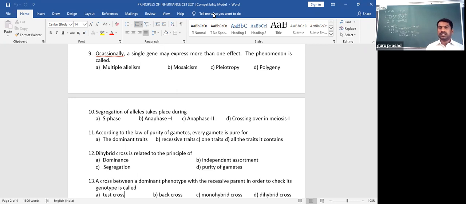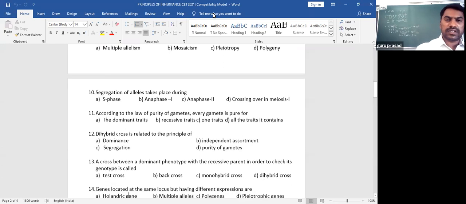Anaphase 1, it is the phase during which the chromosomes separate and move to the opposite poles. Anaphase 2, here also the same thing happens. The segregation of alleles takes place during crossing over in meiosis 1. At that time, only two genes come across each other, then they separate. So crossing over in meiosis 1 is the answer here.